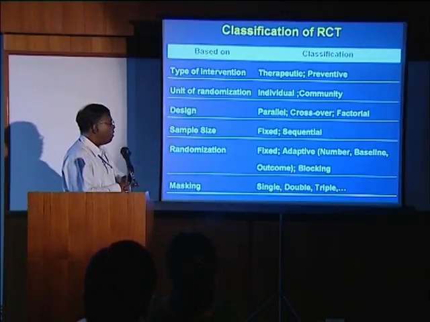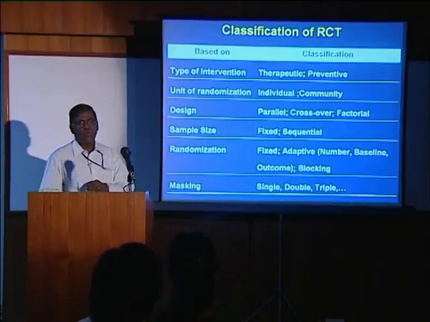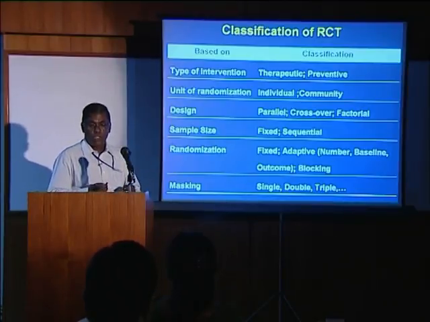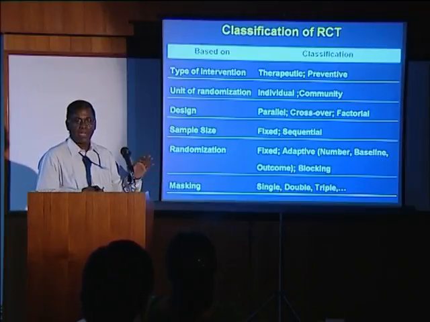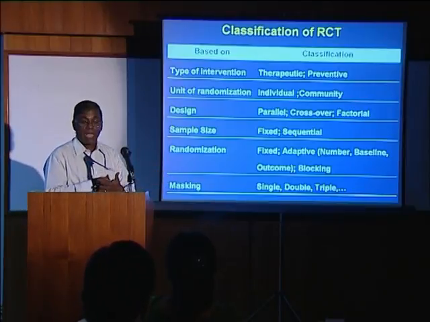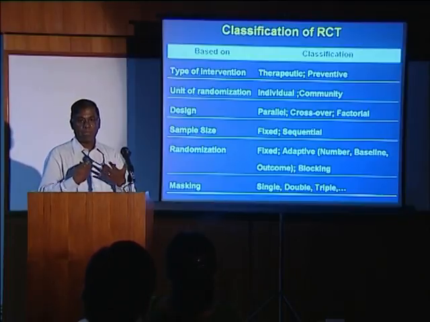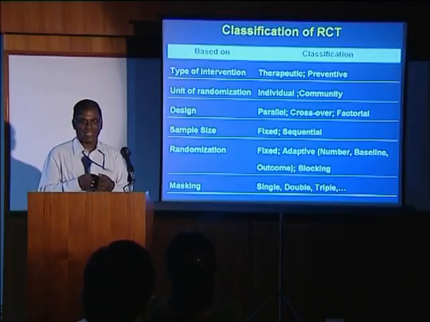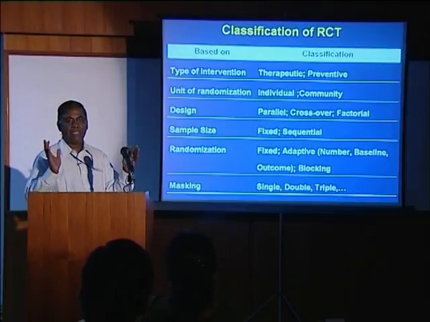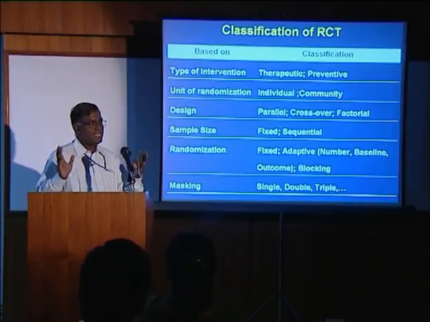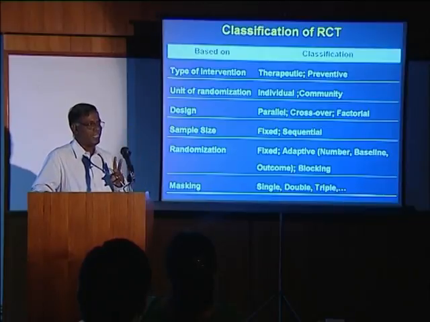One of the main reasons why we do randomization is to avoid selection bias. A very well conducted randomized trial has very minimal selection bias, because selection is not in your hand. It's randomly done. Randomization has 2 important properties.